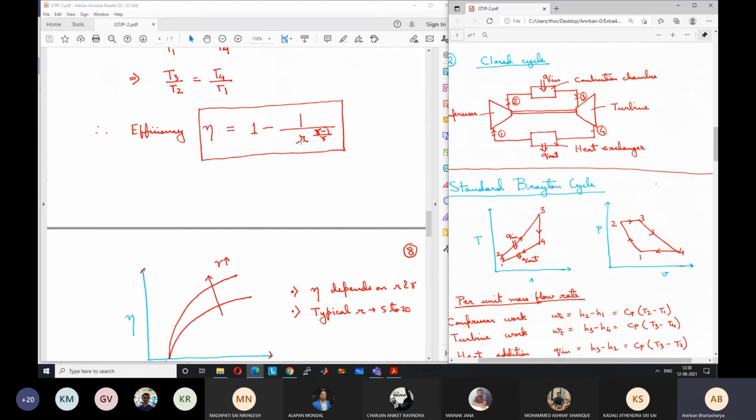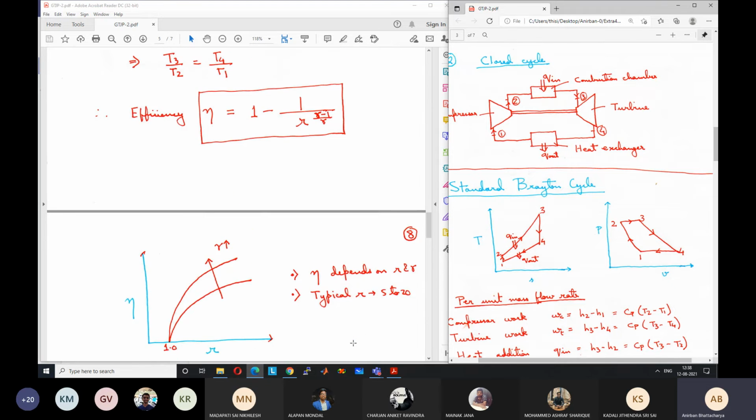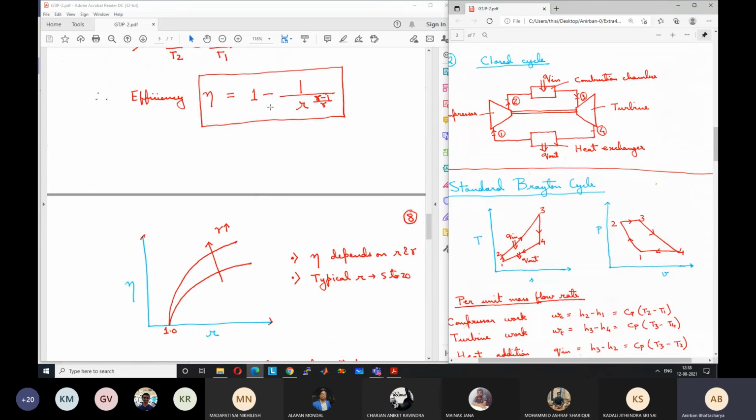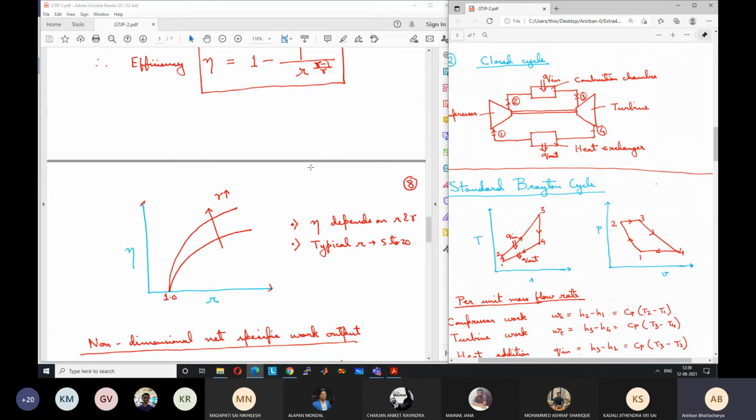This is not the case for all engines. This is for this basic standard Brayton cycle. Later we will see that for other types of cycles, efficiency may not always increase with R. In this case, if you keep on increasing R, this denominator will keep on increasing, so this total term will decrease, so 1 minus the total term will increase. So at the theoretical limit, you can go to very high efficiencies.